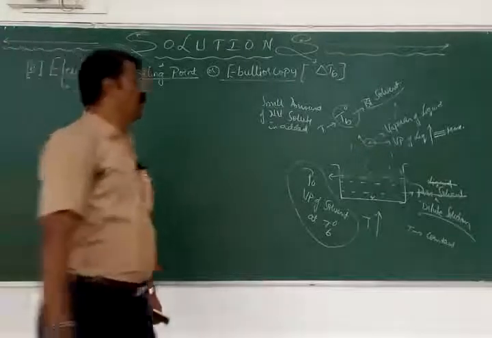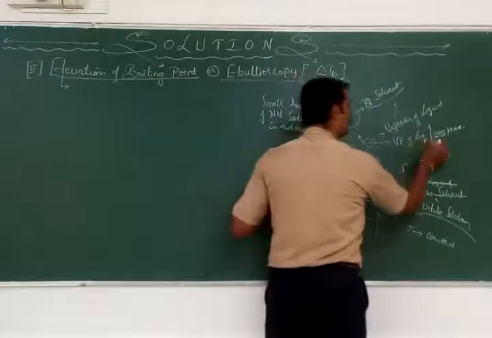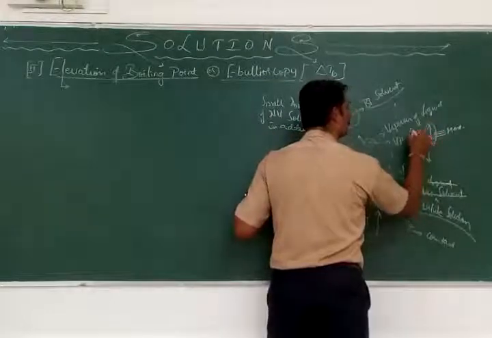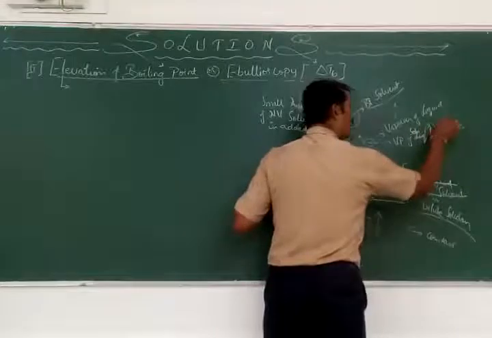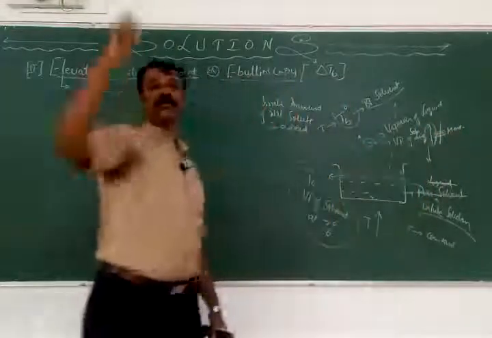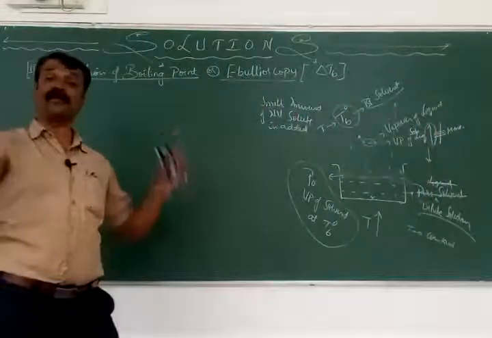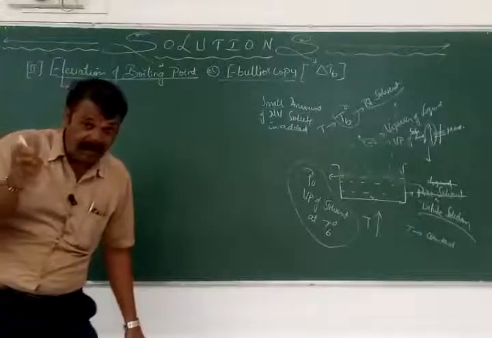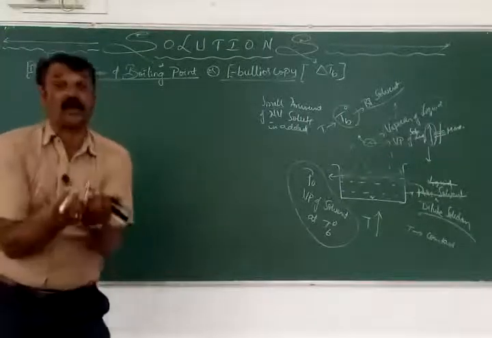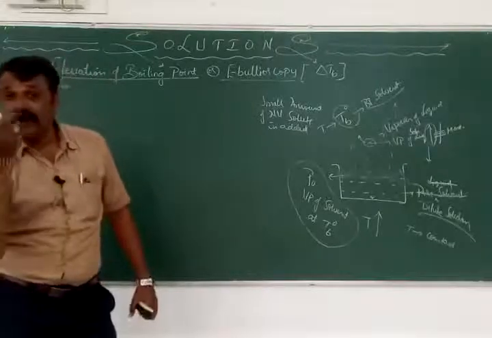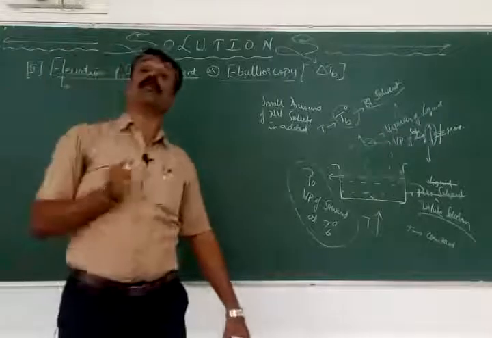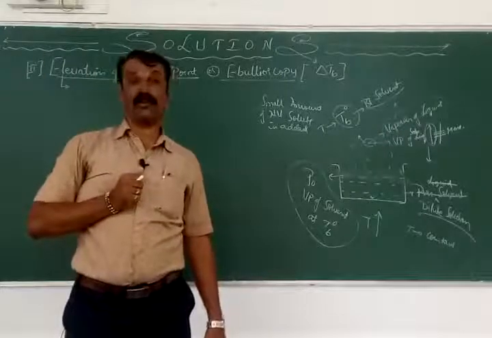This decreased vapor pressure is with respect to the solution here, which is now not equal to the surrounding pressure, because the atmospheric pressure is constant. Due to the addition of a small amount of non-volatile solute to the pure solvent, the vapor pressure of the solution goes on decreasing, but it is not equal to the atmospheric pressure.